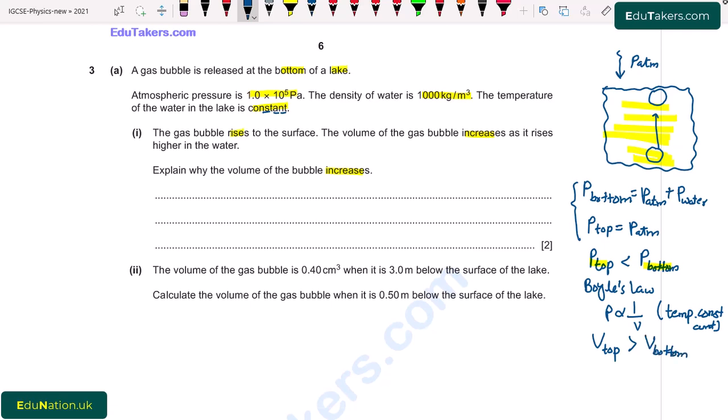That's why when this bubble rises and comes to the surface of this lake, the volume increases, because here the pressure is just the atmospheric pressure.